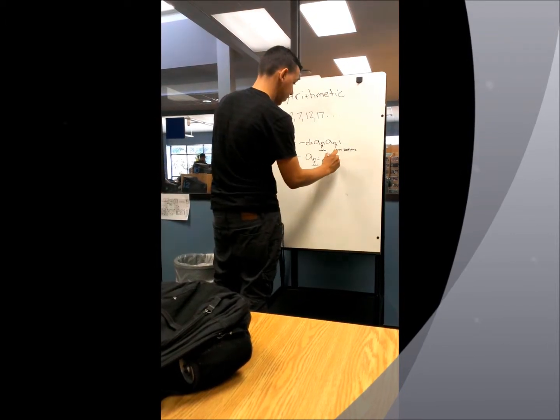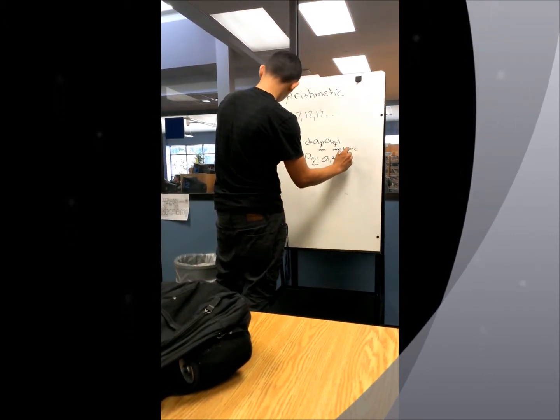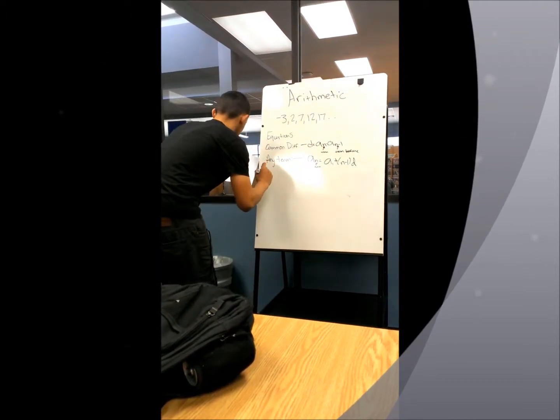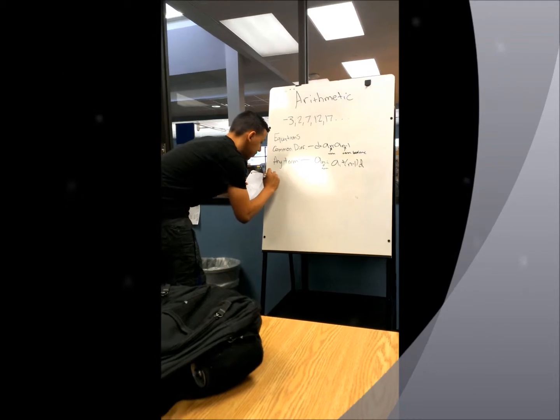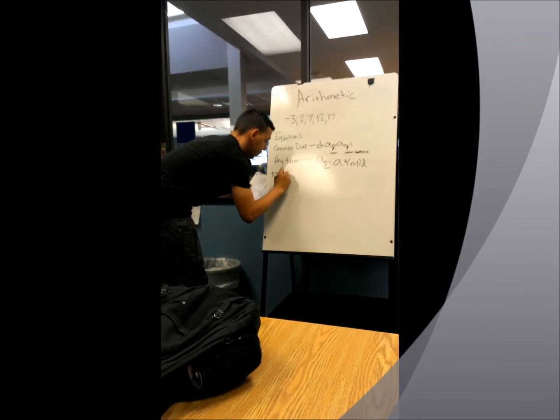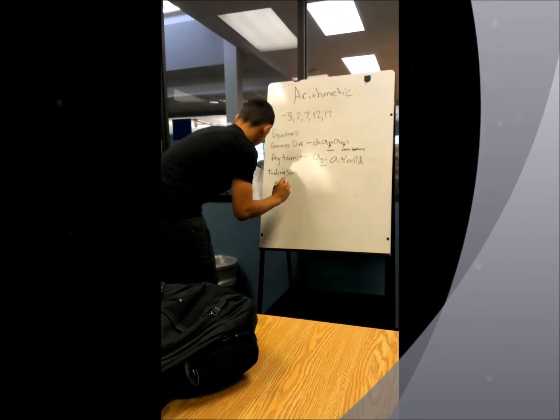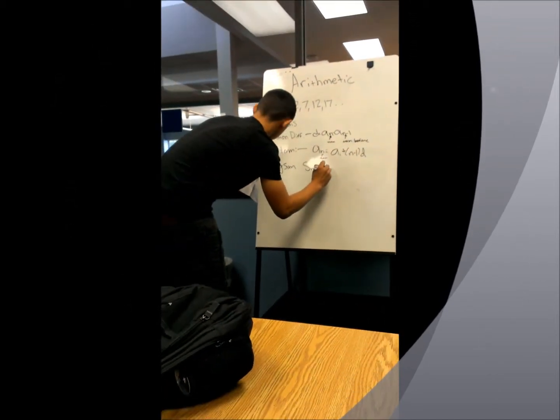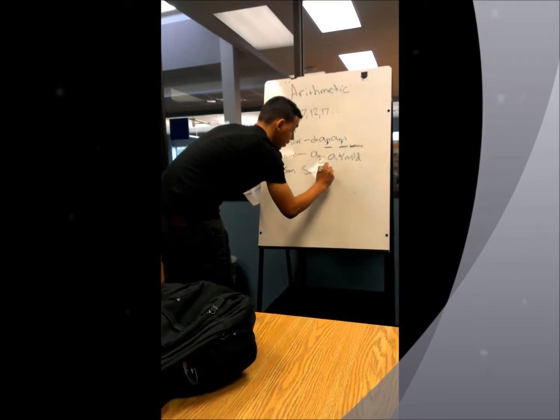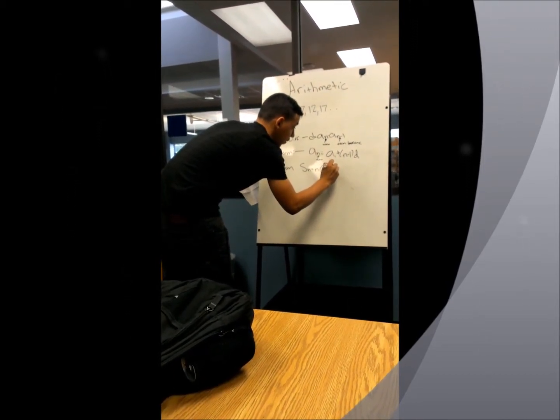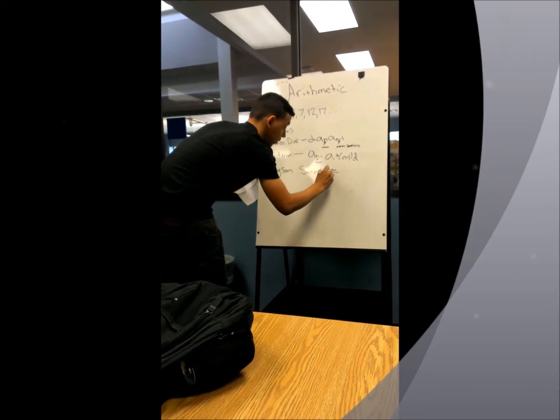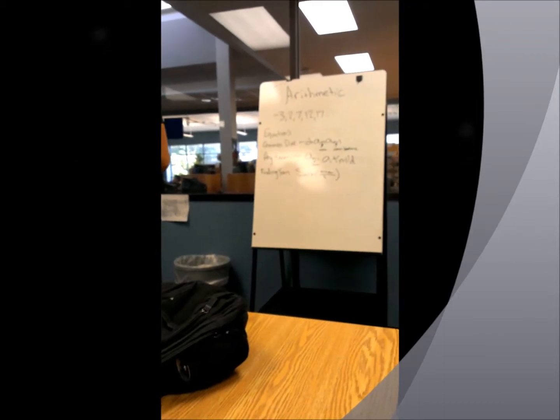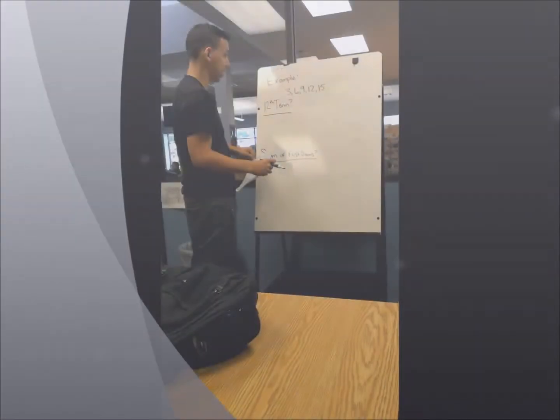A1 is for the first term. And the last is for finding the sum of the first 5 terms.